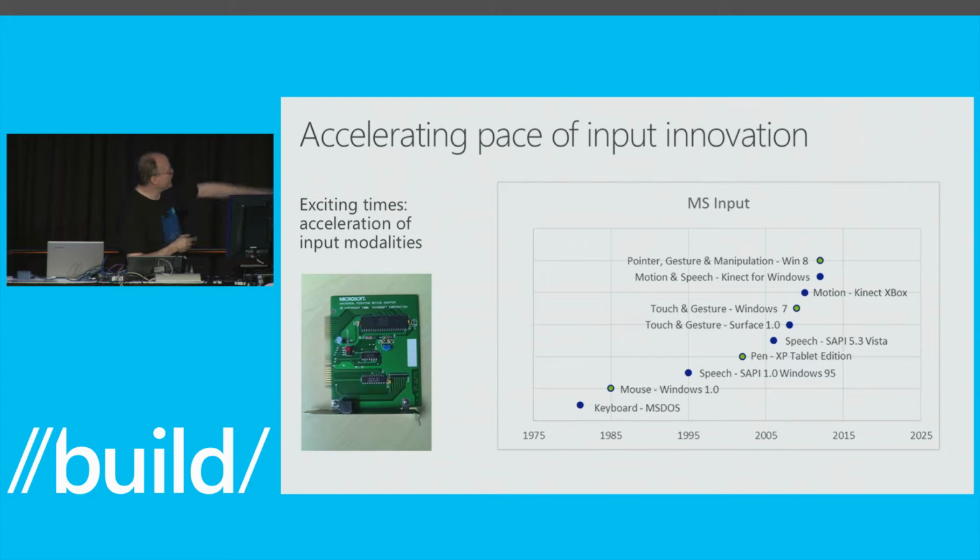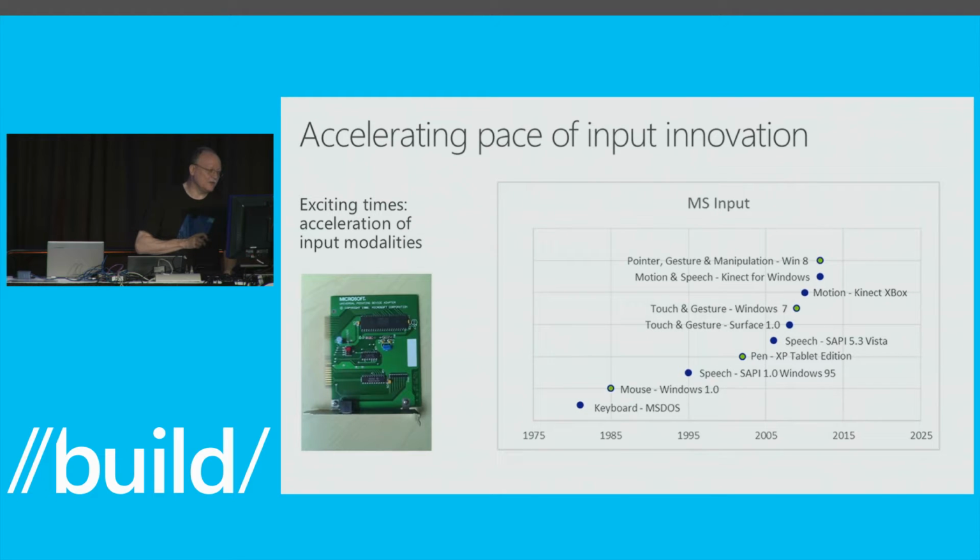So Microsoft actually built a board, and I found one a few years ago and kept it as a souvenir. We made a board that you could plug a mouse into, and you could plug that into your PC, and that way you could run Windows. We did that effort to seed interest in GUI programming, or a GUI user environment. That was like 1985. So even the mouse is only 30 years old now?